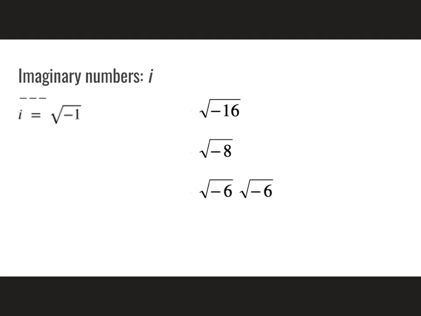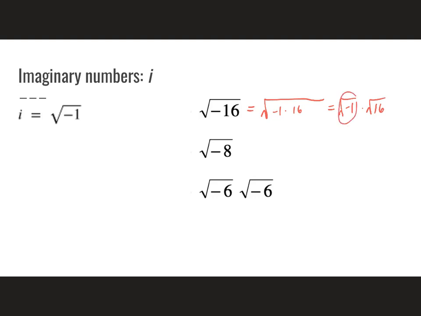And so whenever we have the square root of a negative number, we can actually rewrite it in terms of this square root of negative 1, right? When I think about something like the square root of negative 16, this is actually equal to negative 1 times positive 16. So I can actually rewrite this as the square root of negative 1 times the square root of positive 16.